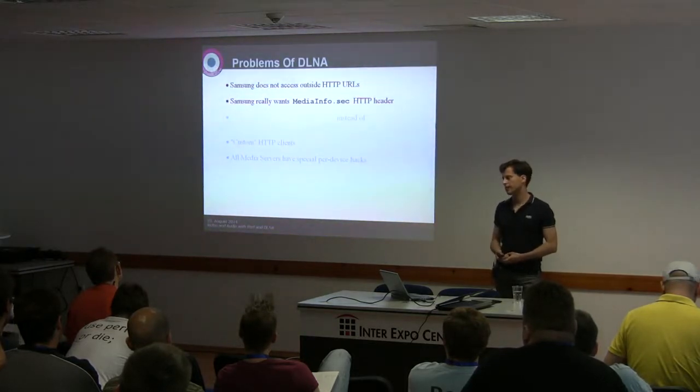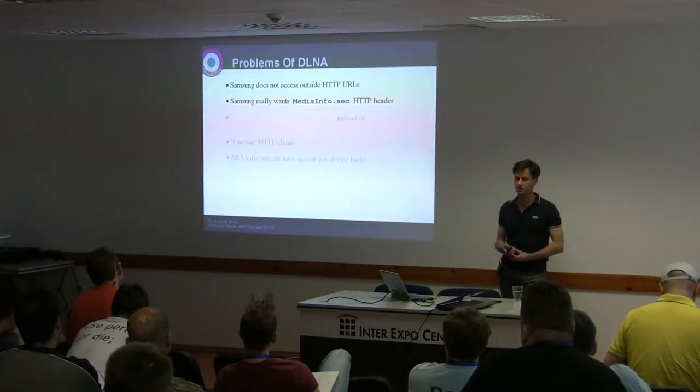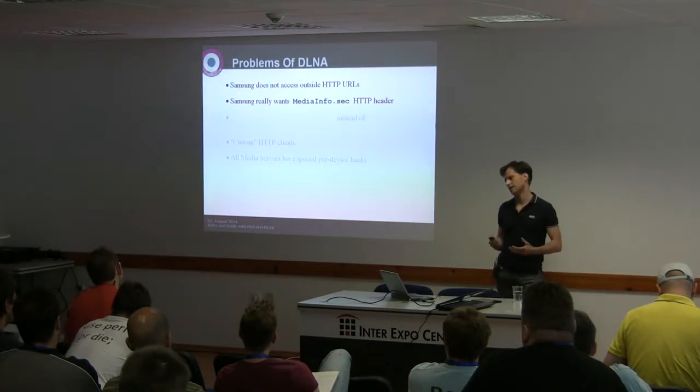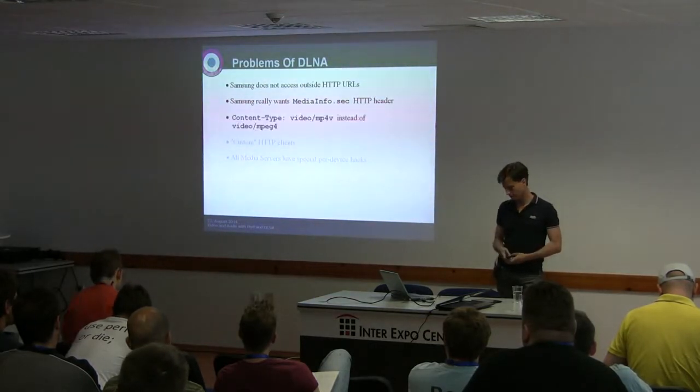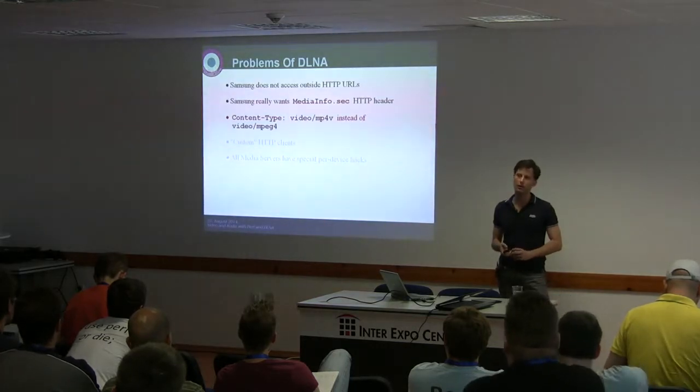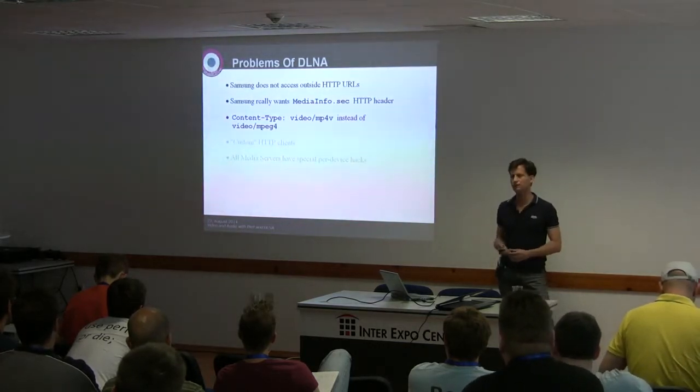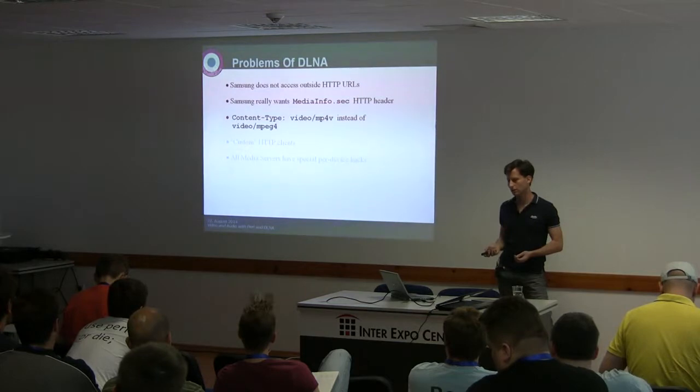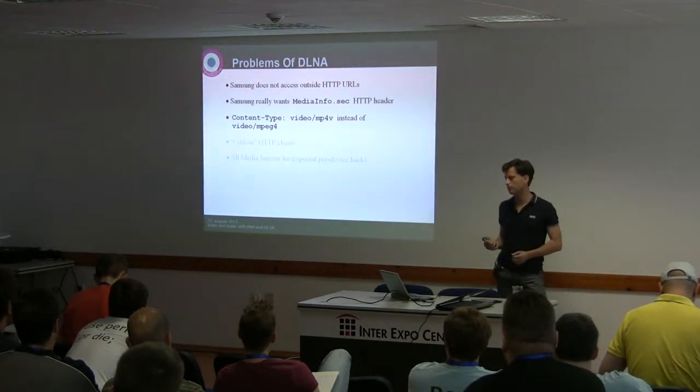And Samsung really wants some special HTTP headers that nobody else sends. It also doesn't like the content type of video MP4V. Instead, it wants video MP4V, but YouTube sends video MPEG-4 as the content type.